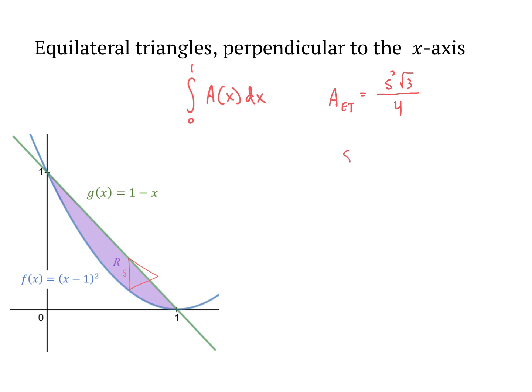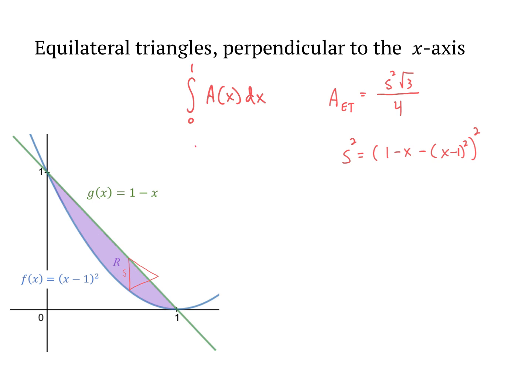Okay, and then we know that S, in this case, is the distance between those, which is the top function minus the bottom function. Okay, and then S squared means it's just this whole thing squared, and so this will get replaced for this x squared here.